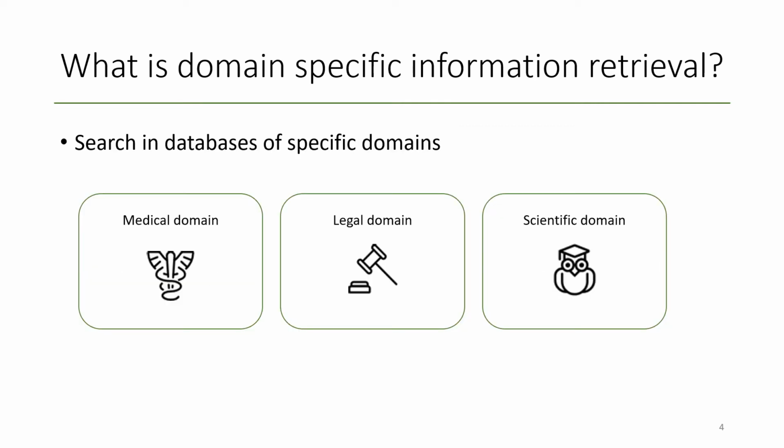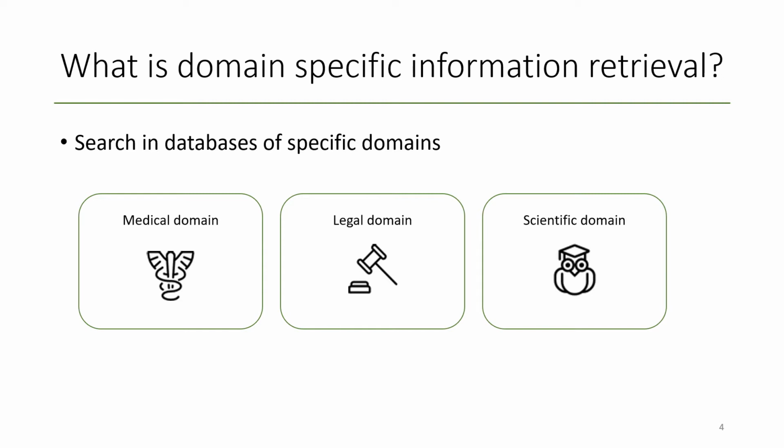So how is domain-specific information retrieval characterized? One characteristic is that the search is in databases of specific domains. We look now at the medical domain, the legal domain, and the scientific domain as examples. There we have a specific database containing documents coming from this domain.